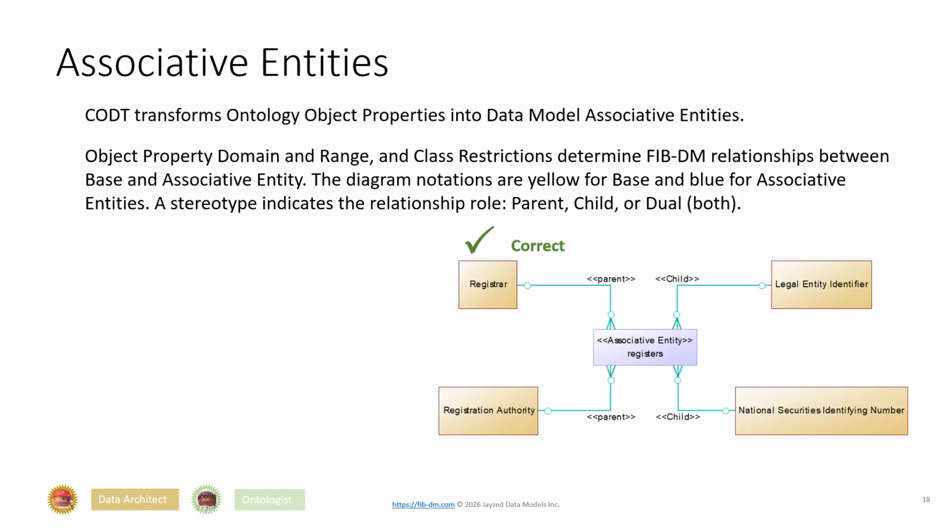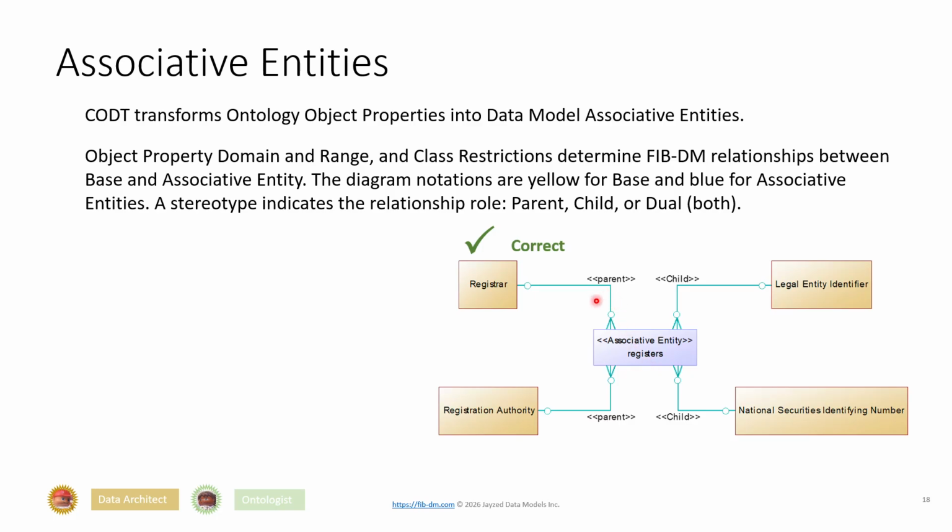Associative entities. So CORD transforms ontology object properties into data model associative entities. And the relationships between base and associative entities are transformed from object property domain, range and class restrictions. And here again, the diagram notation in FIB-DM is yellow for base and blue for associative entities.